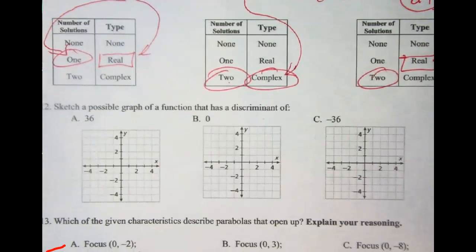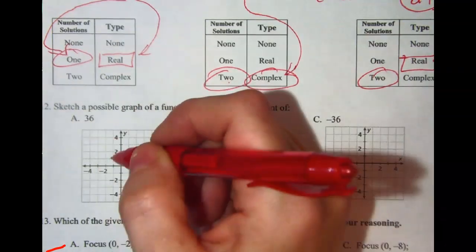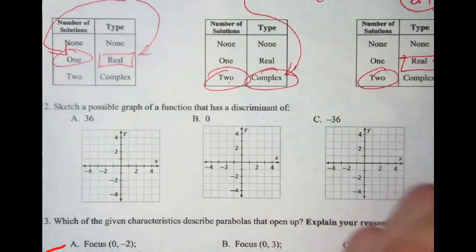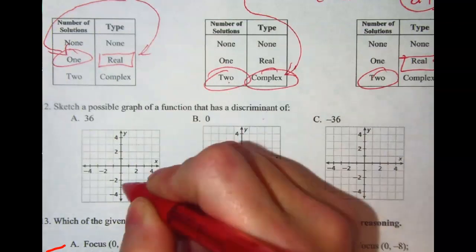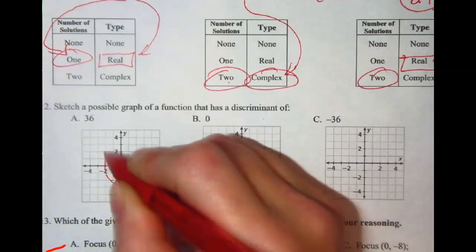And then we have sketching possible graphs of the function of a discriminant. So if we had, for A, 36, you want to make sure we're sketching something that would go through maybe something like this.